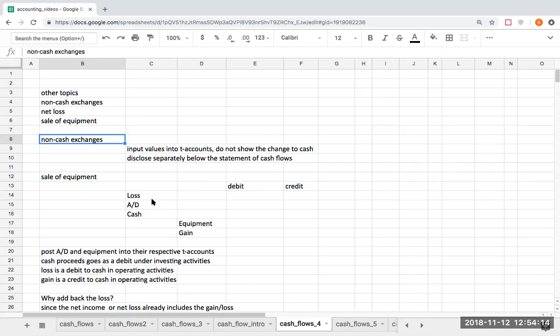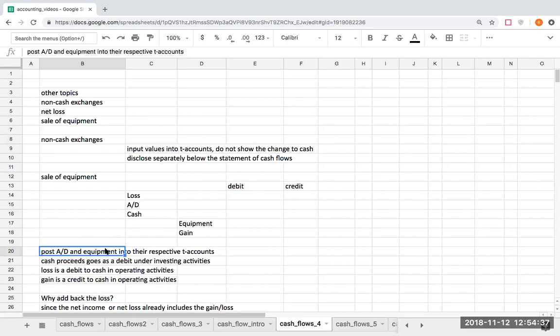The general entry to record the sale is a debit to a loss, and this is only if we have a loss. The loss here is a plug. I have to remove the accumulated depreciation of my equipment. I'm receiving cash, getting rid of the equipment from my books, and I'm going to credit a gain if I have a plug.